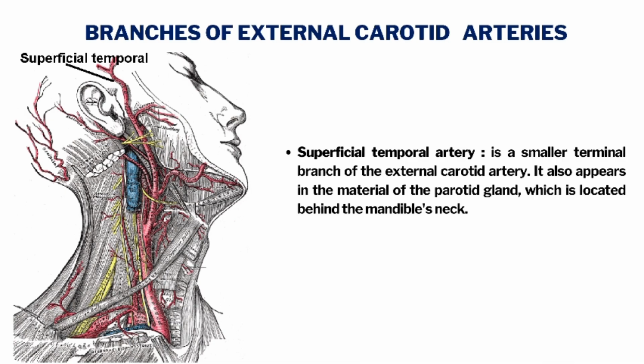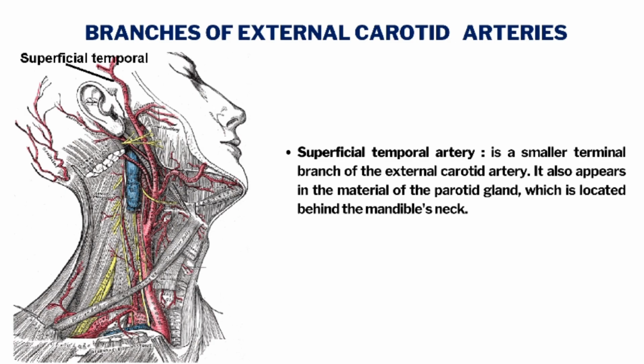The superficial temporal artery is a smaller terminal branch of the external carotid artery. It also appears in the material of the parotid gland, which is located behind the mandible's neck. The artery is accompanied by the corresponding veins and by the auriculotemporal nerve, which lies just posterior to it.